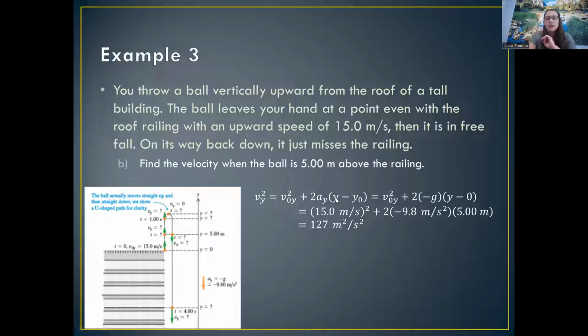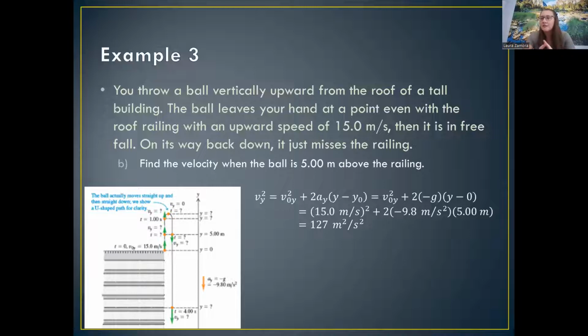And then the change in height that we are looking at, since we established that the height of the railing is our 0 point, that means the change in height is 5 meters. Okay, so once we add those things together, multiply and add and all that jazz, we get an answer of 127 meters squared per second squared.